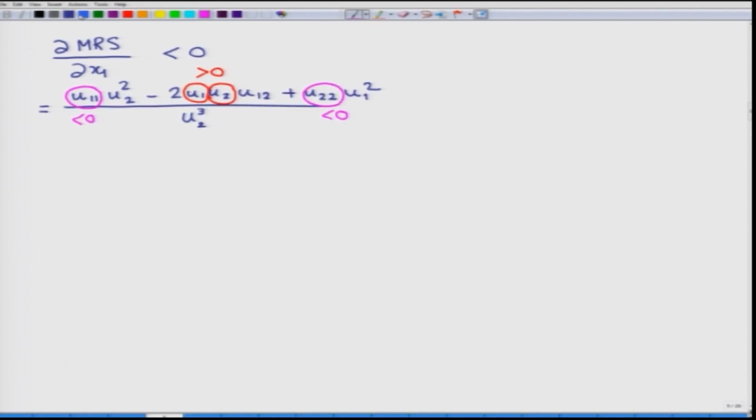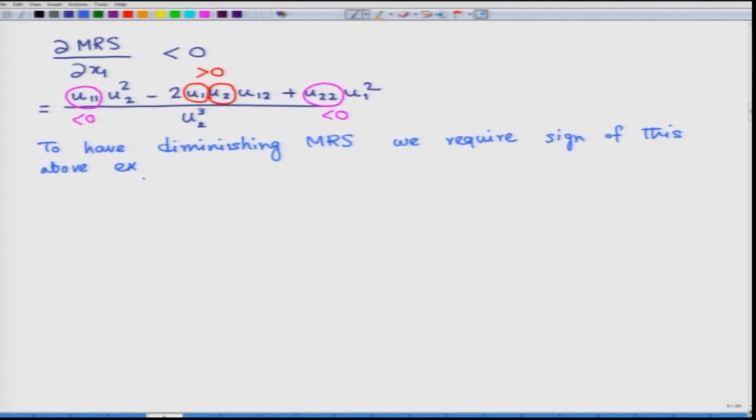Now, to have diminishing MRS, we require sign of this above expression to be negative.